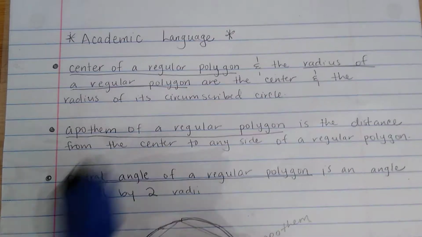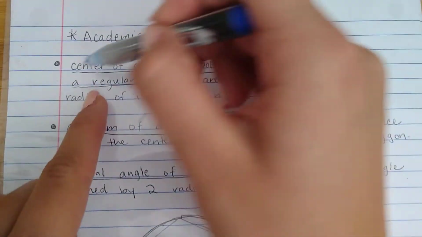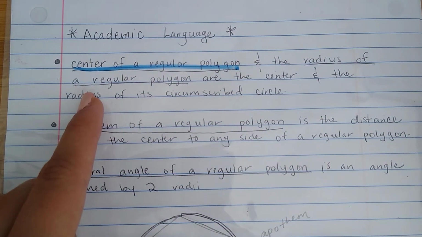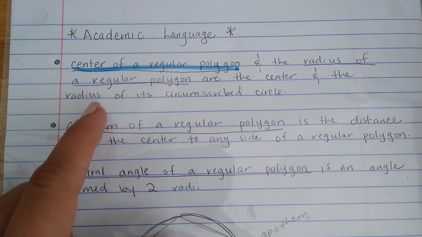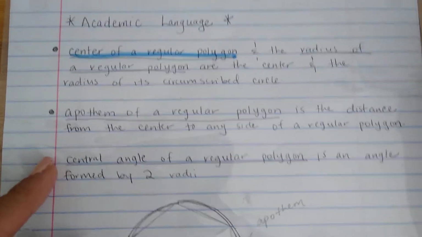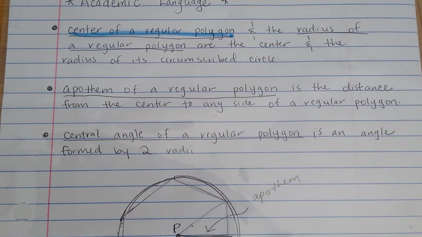So for the very first vocabulary term, I have the center of a regular polygon and the radius of a regular polygon are the center and the radius of its circumscribed circle. Okay. Then we move on to the next vocabulary word, which is the apothem.